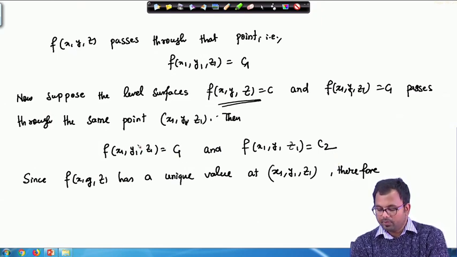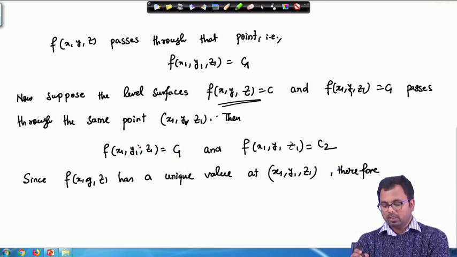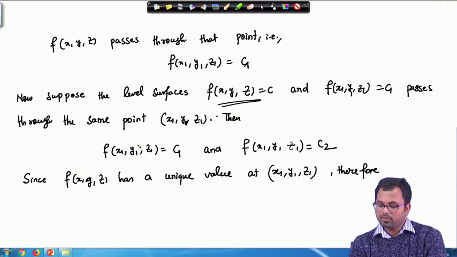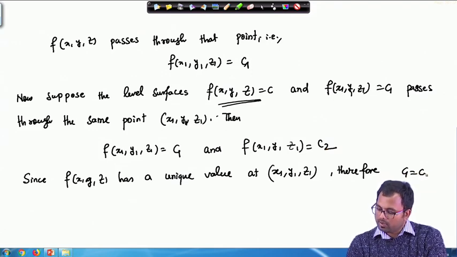So, if the equation f(x, y, z) equals c has a unique value at any point x1, y1, z1, because it cannot have two different values, it cannot have c1 and then c2. Because the equation of the level surface f(x, y, z) equals c is same, if the point is also same, then it cannot yield two different values, then in that case it is a contradiction. So, therefore, our constants must be same.